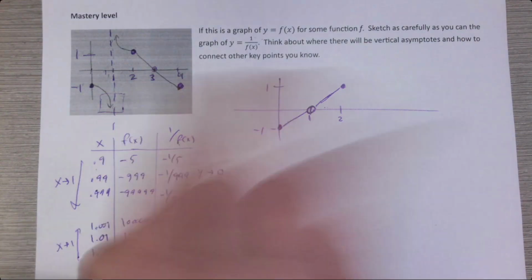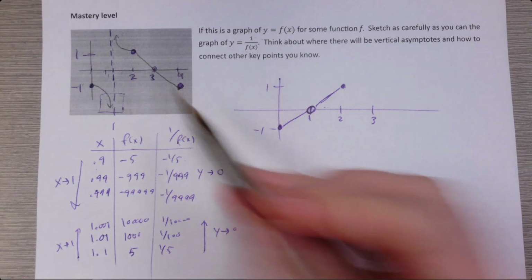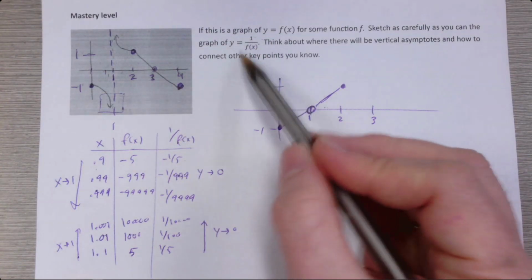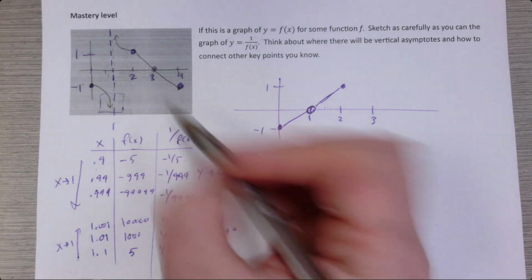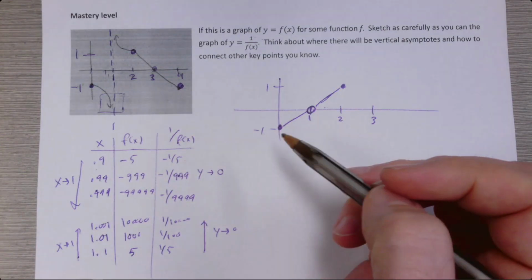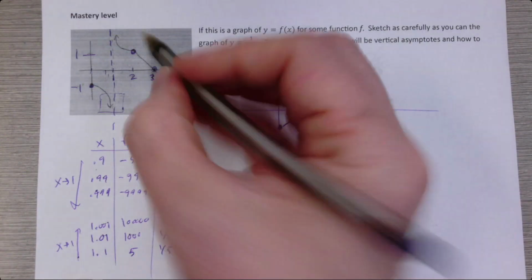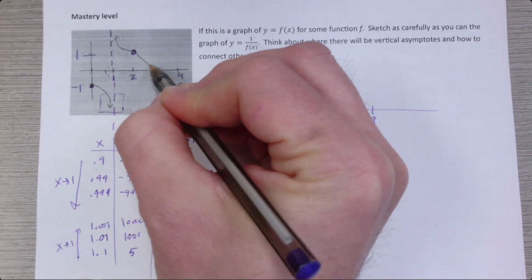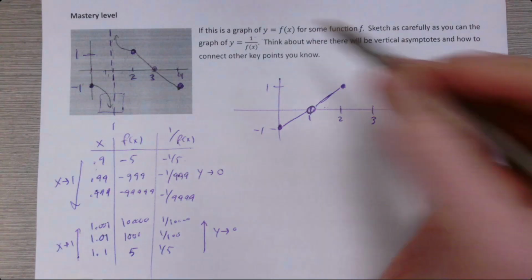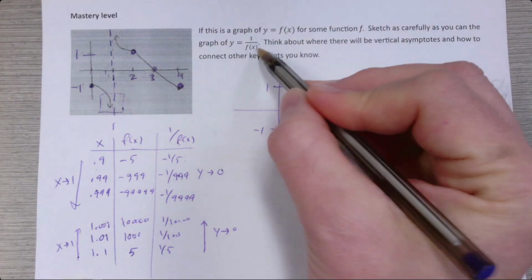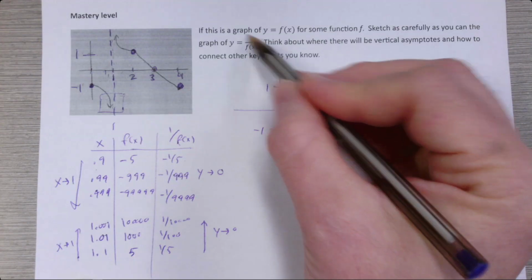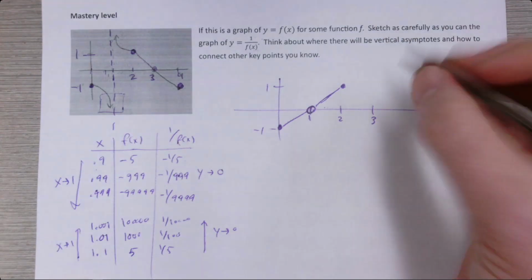Okay, what about 3? So f of 3 is 0. I know that 1 divided by 0 would be undefined. This is very similar to the sine function in the other set of answers. So as x gets closer and closer to 3, the y values get smaller and smaller towards 0. If I'm dividing by numbers that get closer and closer to 0, that means that the output is getting larger and larger towards infinity.